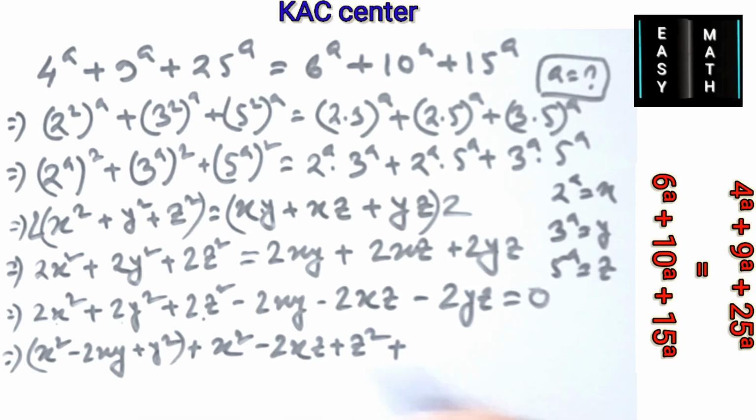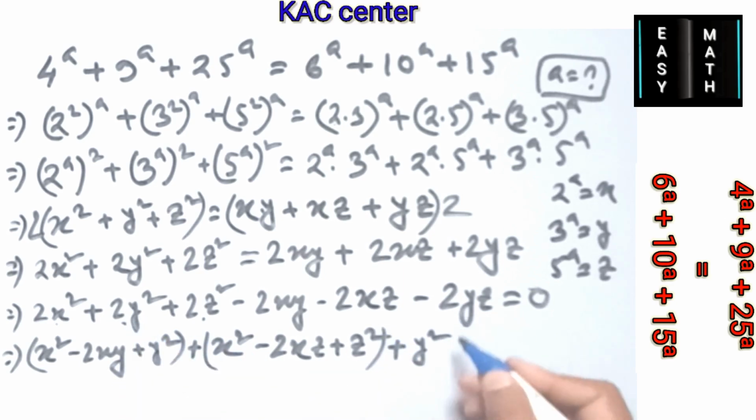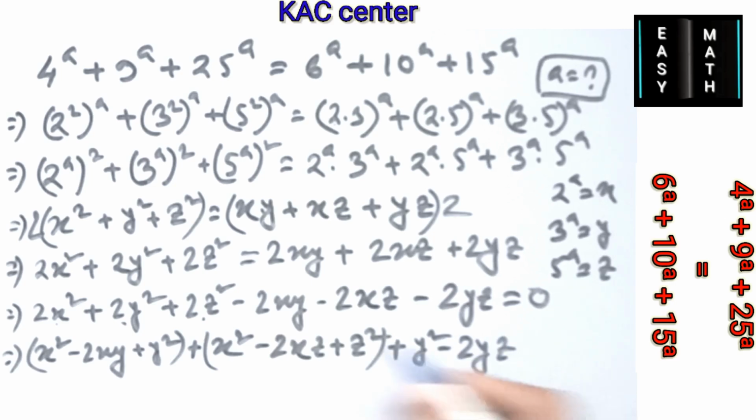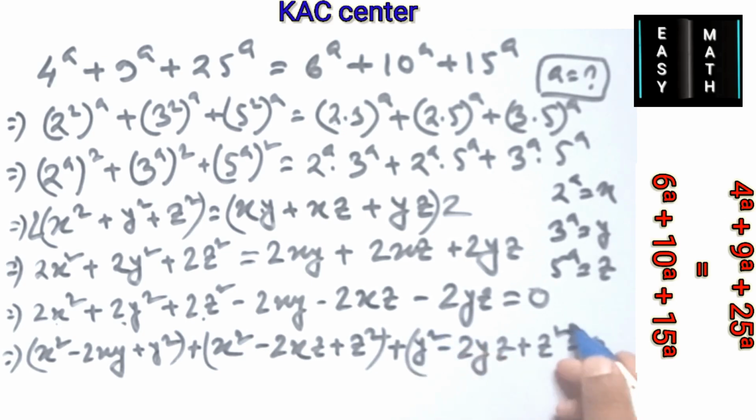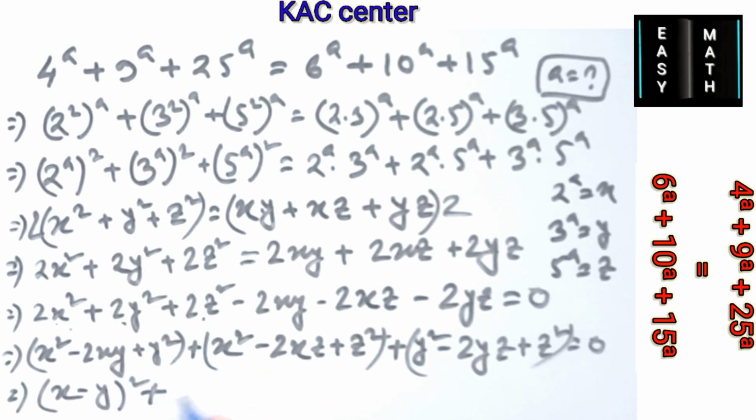So we can write this as (x minus y) squared plus (x minus z) squared plus (y minus z) squared equals 0.